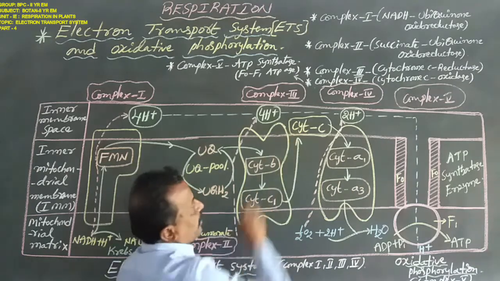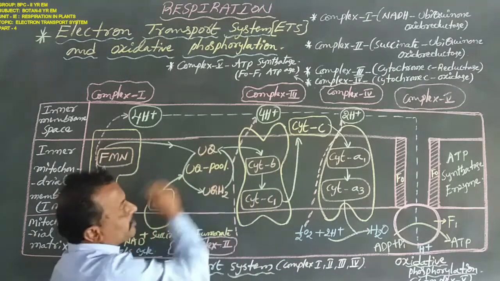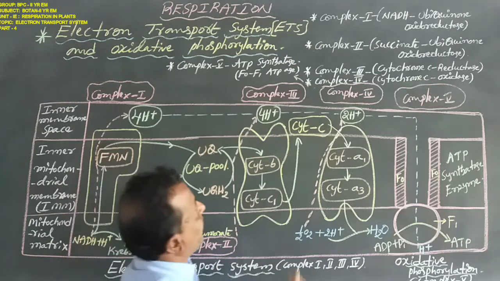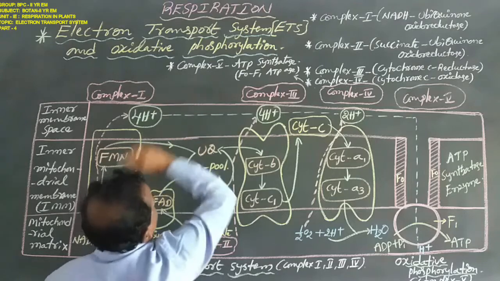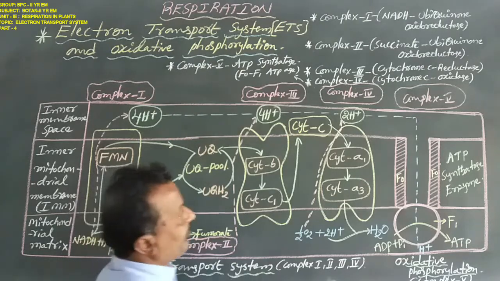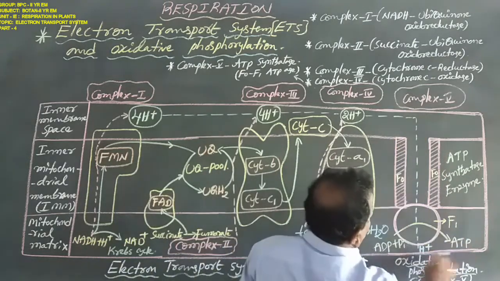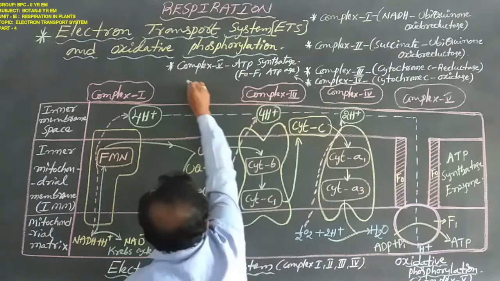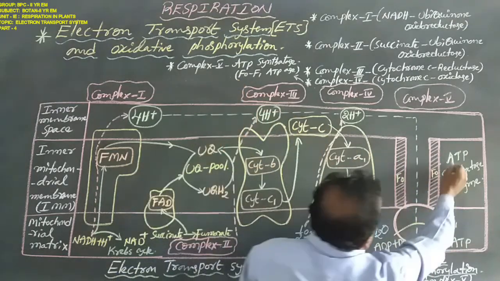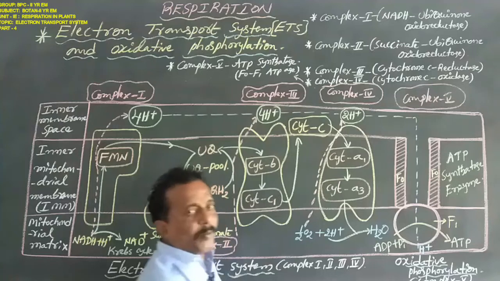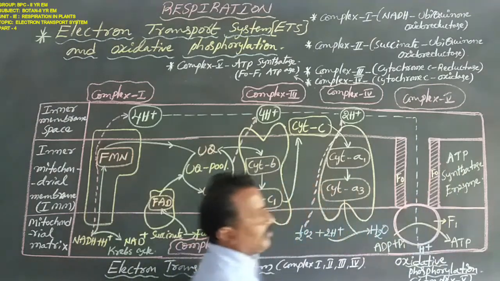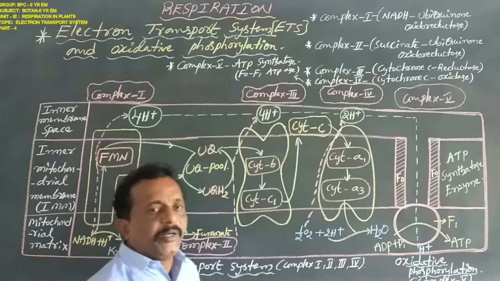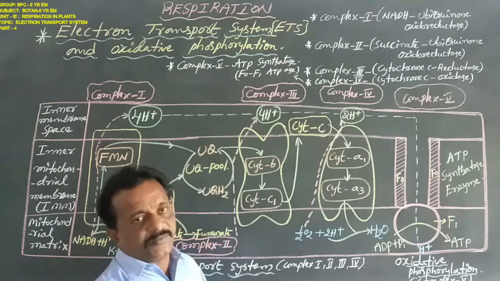Cyt means cytochrome, UQ means ubiquinone. And finally, complex 5 is oxidative phosphorylation, containing the ATP synthetase enzyme. We will briefly discuss them one by one.